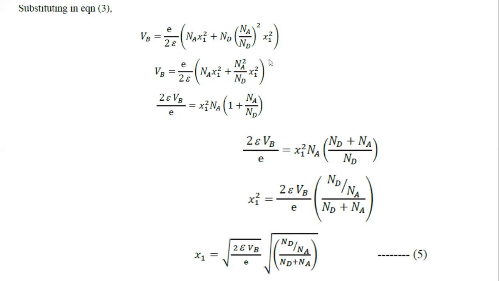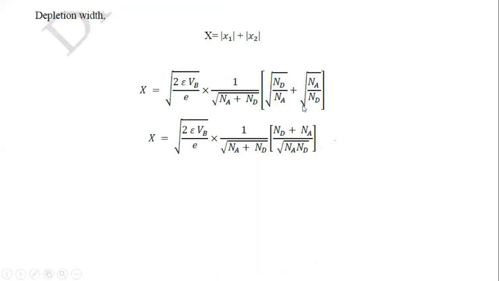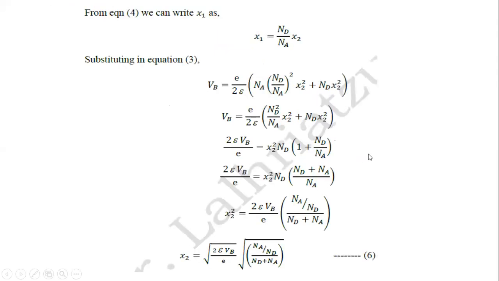So just put the value of x2 as this and then simplify further, then you will get the value of x1. And similar to that, you can also substitute x1 as this.